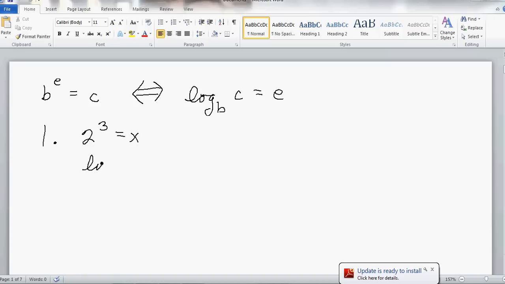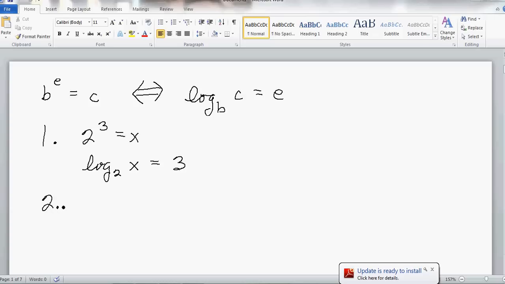So that would be log base 2, because the bases are always the same, of the other expression, log base 2 of x, is always equal to the exponent. So in essence, logarithm is just a funny way to show an exponential problem.